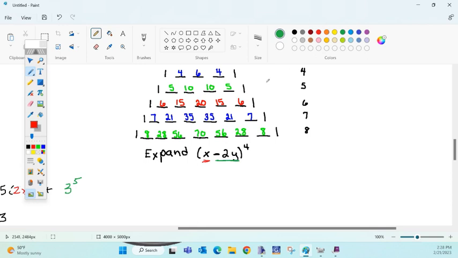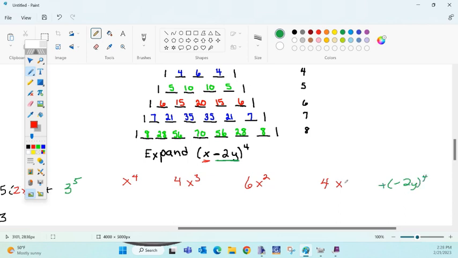So we're going to do 1 times x to the 4th, plus 4 times x to the 3rd, and then 6 times x to the 2nd, 4x, and then we come back here to the 1, and we're going to back it up: negative 2y to the 4th power.